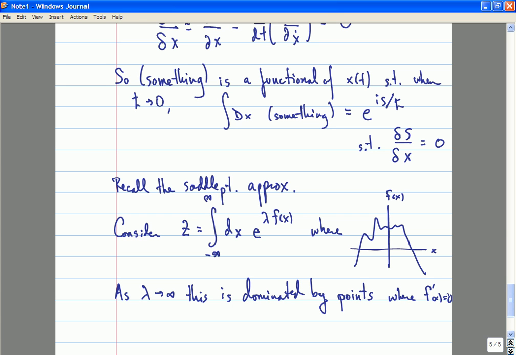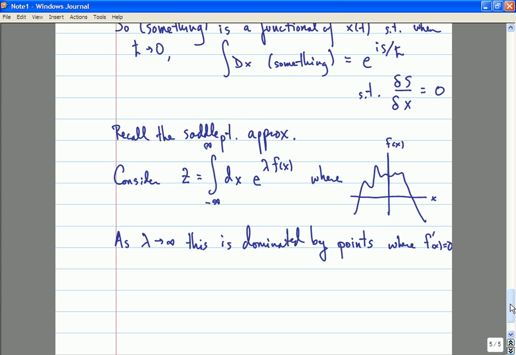And in general, there could be other local maxima rather than global maxima, which will also give subleading contributions to this integral. And z is well approximated by the sum over these local maxima, which I'll denote x naught. So these are x naught such that f prime of x naught is equal to 0, of the value of the integral at that point.